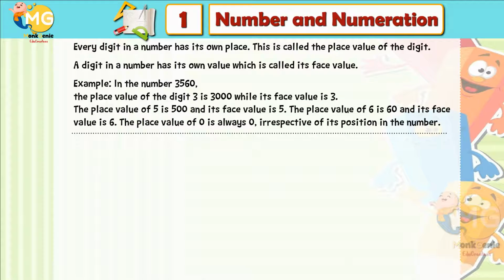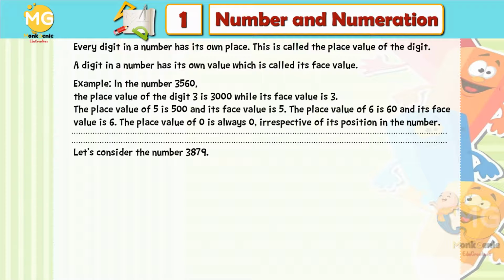Example, in the number 3560, the place value of the digit 3 is 3000, while its face value is 3. The place value of 5 is 500 and its face value is 5. The place value of 6 is 60 and its face value is 6. The place value of 0 is always 0, irrespective of its position in the number.